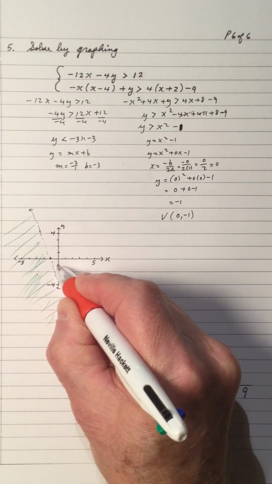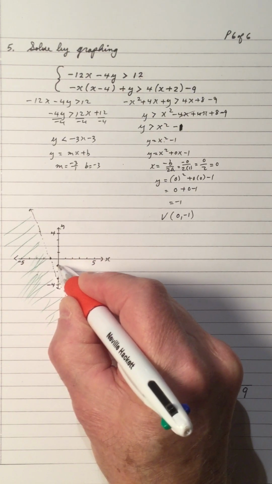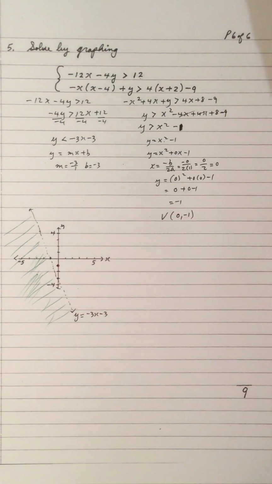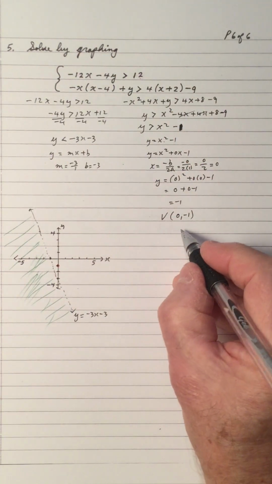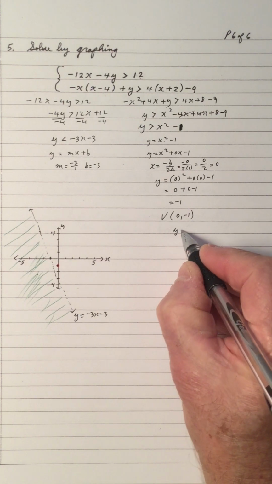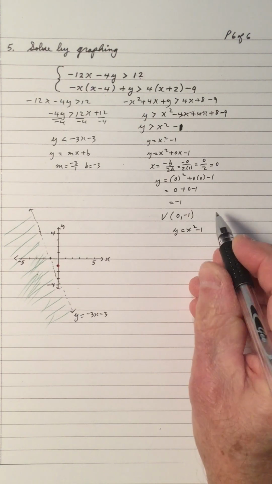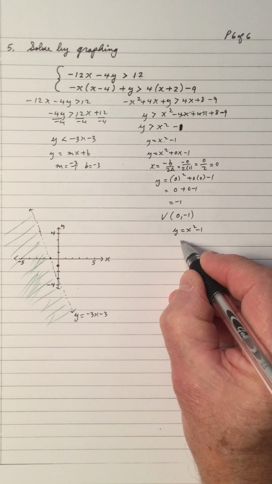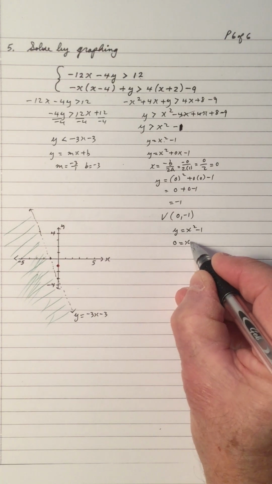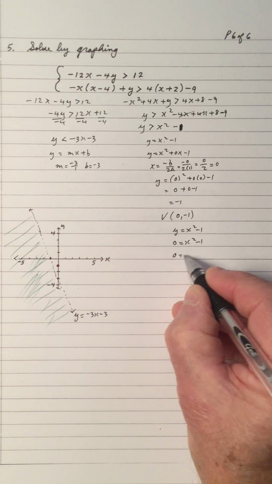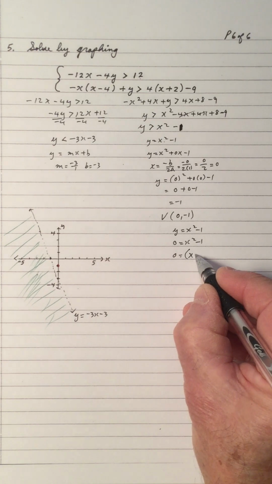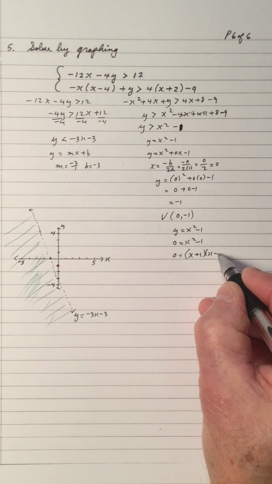Now, I've got to find the x-intercepts. That's already a y-intercept. So let's find the x-intercepts. So let's make y equals x squared minus 1. Let's make y equal to 0. So we have x plus 1, x minus 1 as factors.